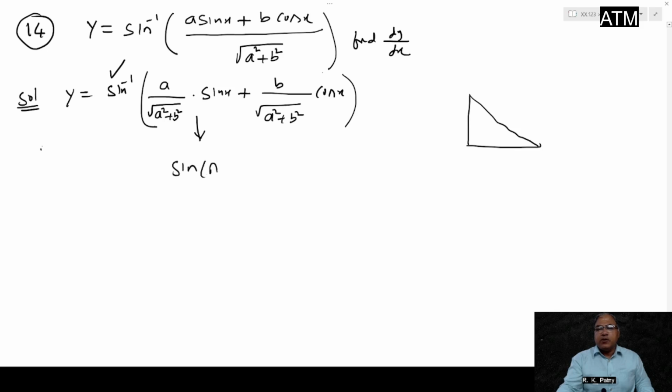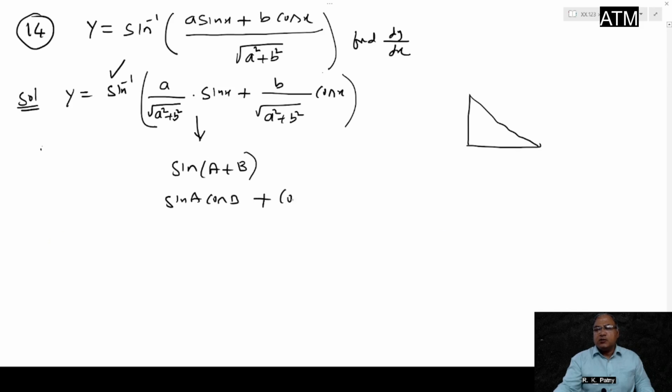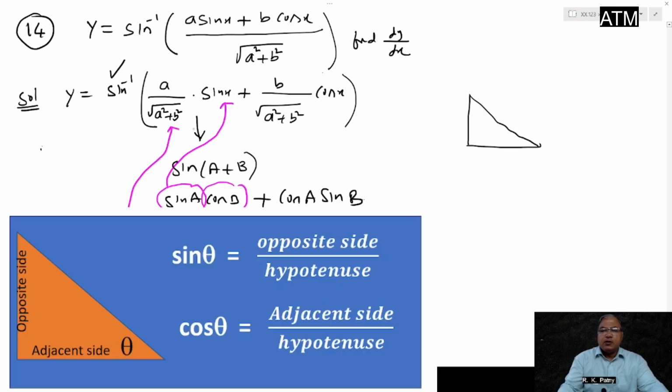Inside the bracket we try to convert into the form sin A cos B plus cos A sin B, that is, in terms of sin of A plus B. When you compare, sin A is sin x, and cos B is a upon under root of a square plus b square. Cos B is adjacent side upon hypotenuse, so a is the adjacent side.